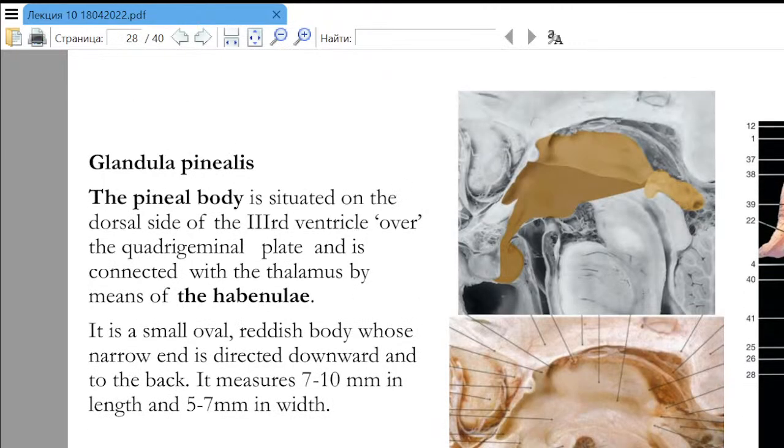Next glands, glandula pinealis. The pineal body is situated on the dorsal side of the third ventricle over the quadrigeminal plate, and is connected with the thalamus by means of the habenulae.